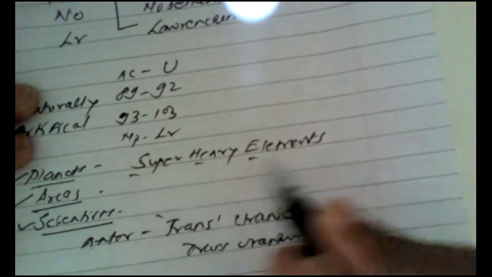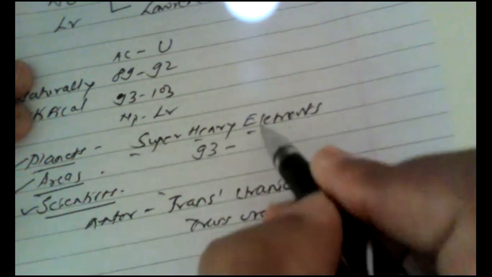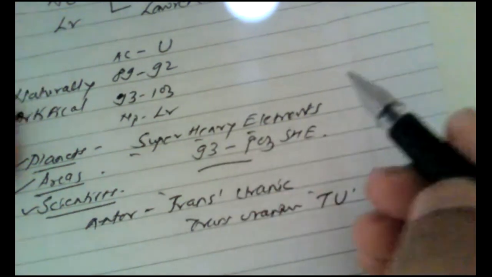So you are now aware of the different words: these are SHE elements, and these are also TU elements. Super heavy elements means those having atomic number 93 to 103 are known as SHE elements of the periodic table. So we are familiar with the names of all these elements.